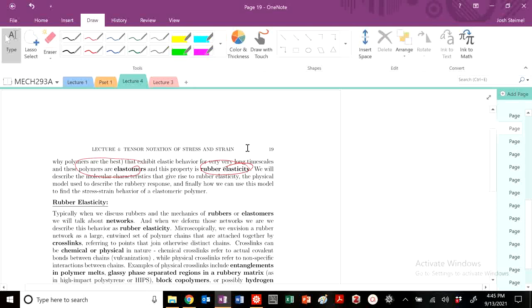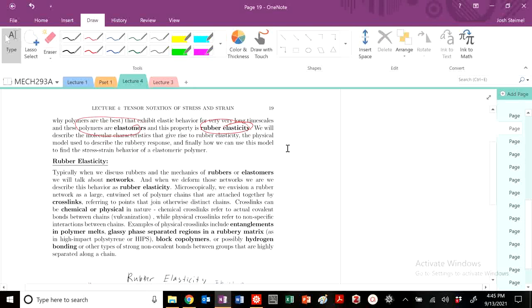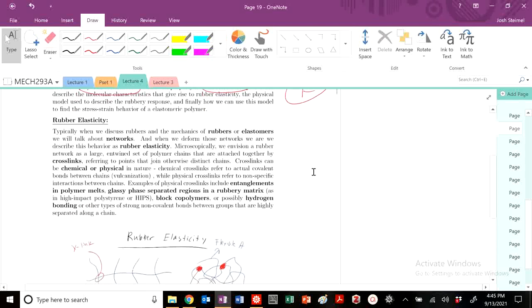So we're going to describe what elastomers are, how they look, and what the stress strain responses of a rubber elastic material are, and specifically how we can calculate the Young's modulus for an elastomer, or something that behaves according to this general concept of rubber elasticity. And all of these properties that we're going to talk about hold for a wide variety of soft materials: polymers, proteins, et cetera.